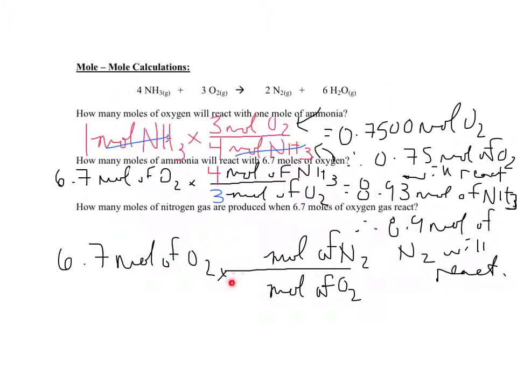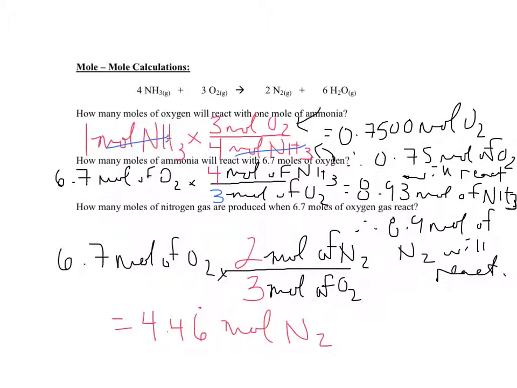Now you take a second and you look at our chemical reaction up here to figure out our numbers that go here, and you look at the coefficients. So you know you have, for every 3 moles of oxygen, you're going to get 2 moles of nitrogen. So let's take a second and write that in now. So you know it's going to be 2 and 3. And I just have no room over here, so I'm just going to work down below now, and I get 4.46 continued mole of nitrogen gas.